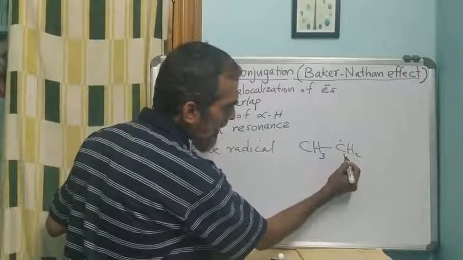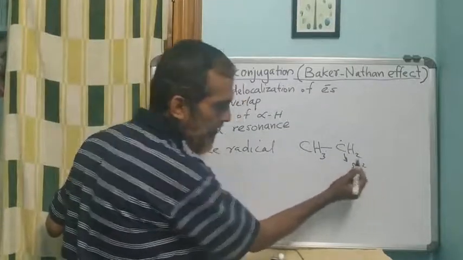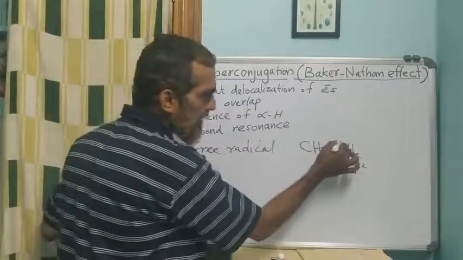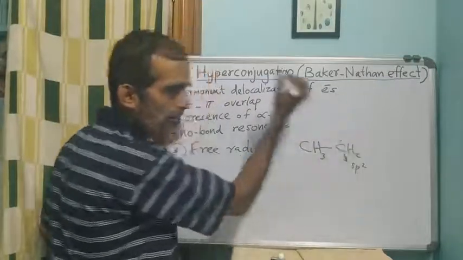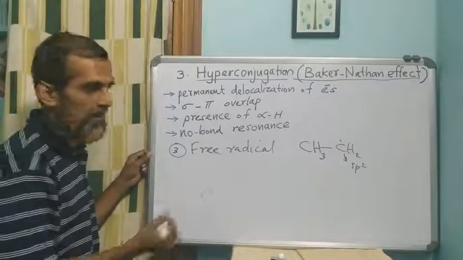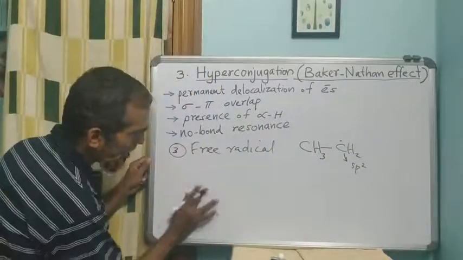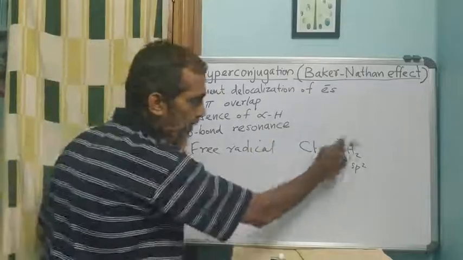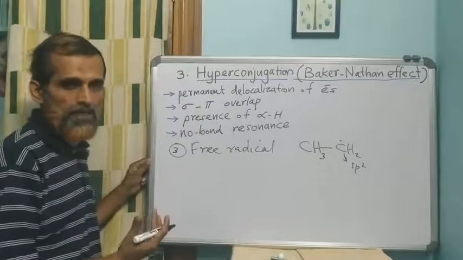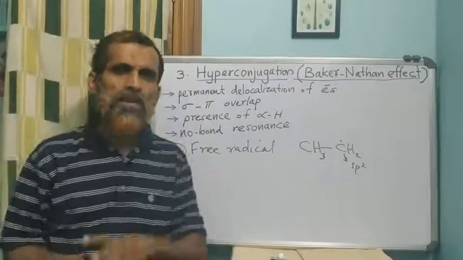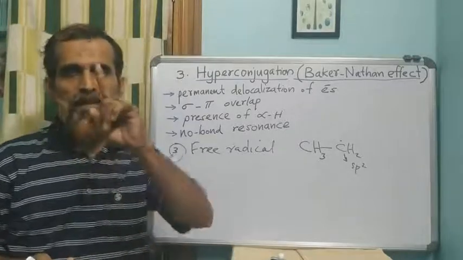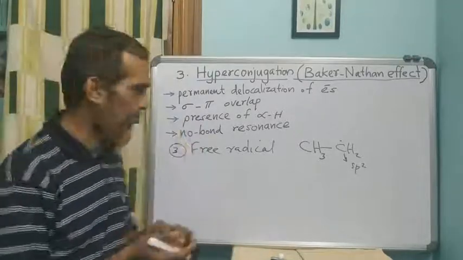This carbon is again sp2, carrying an empty p orbital in perpendicular position. So lateral overlapping is possible here also, and hyperconjugation is possible because this p orbital is a pi type orbital. Pi type orbital means an orbital which can have lateral overlapping.